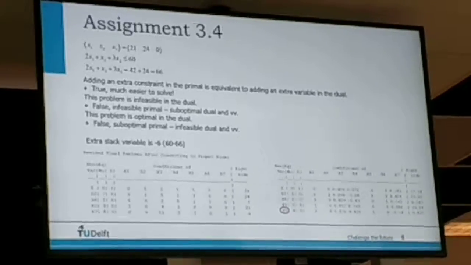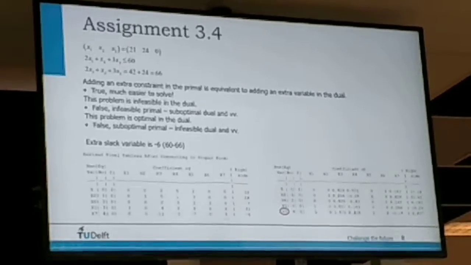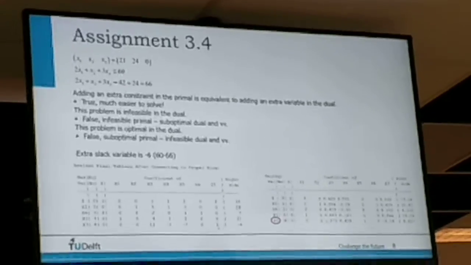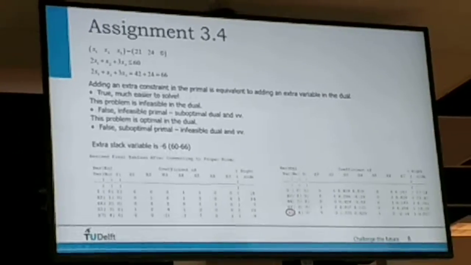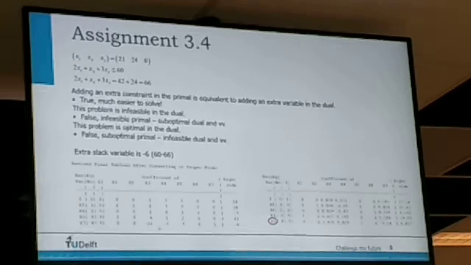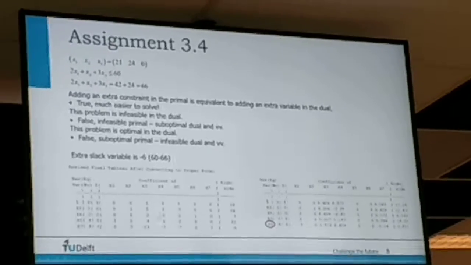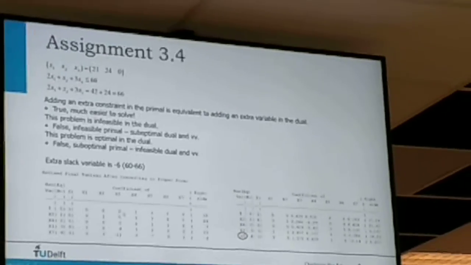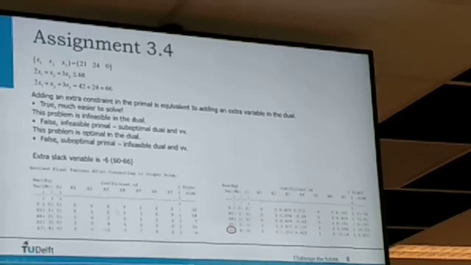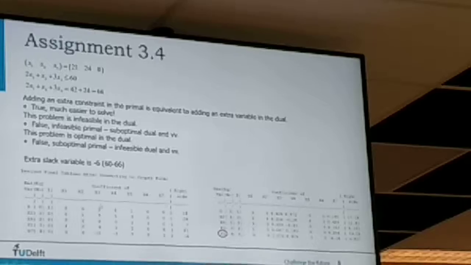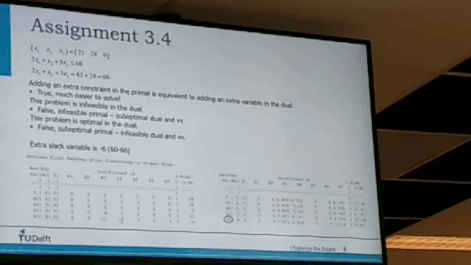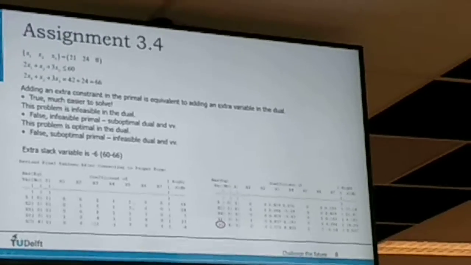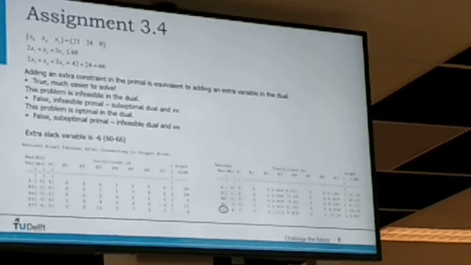If we then use the dual simplex method, by taking this -6 and looking at which factor here you will run into first, it's 2 divided by 11, 1 divided by 3. So the first one is 2 divided by 11, which is actually 1 divided by 7.